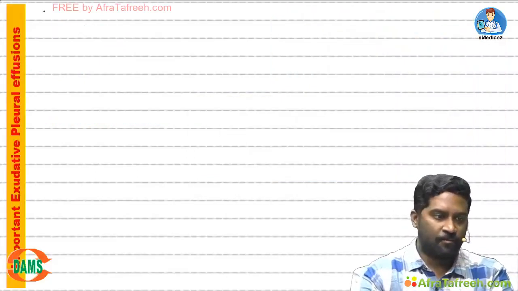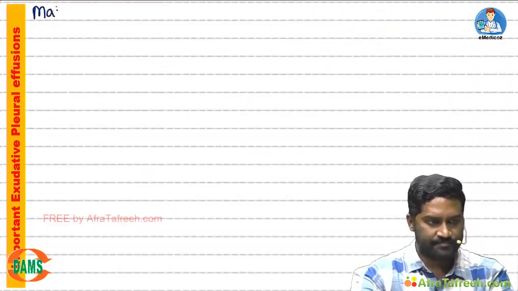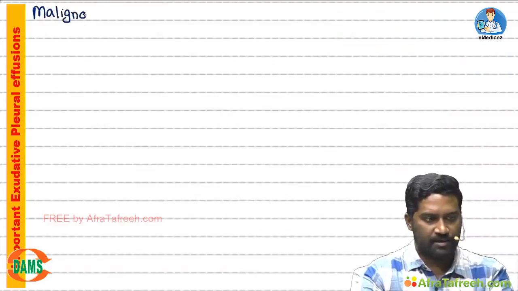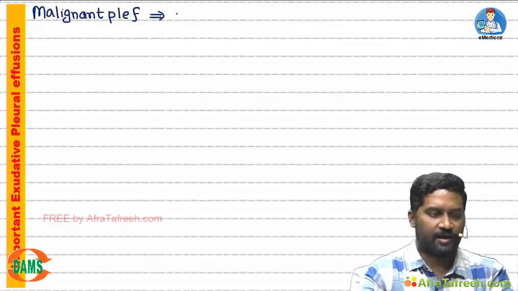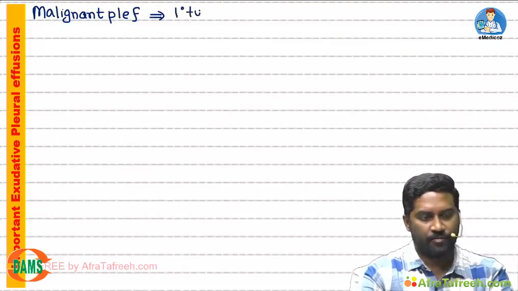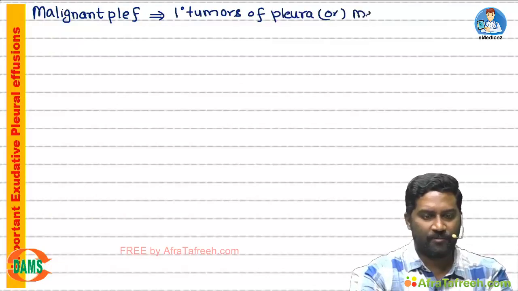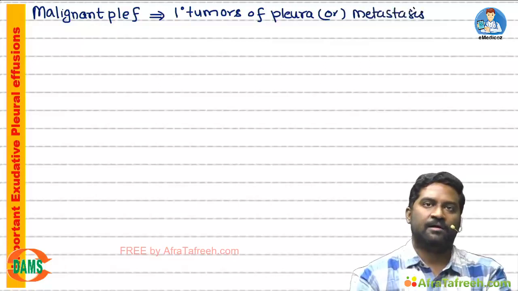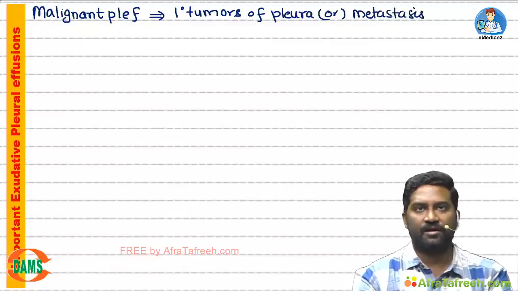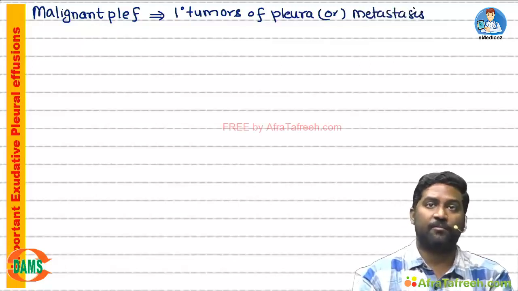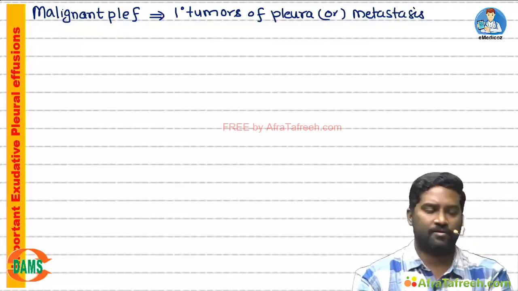Then coming to malignant pleural effusion. This malignant pleural effusion can happen either due to primary tumors of the pleura, or as a result of metastasis from other organs.